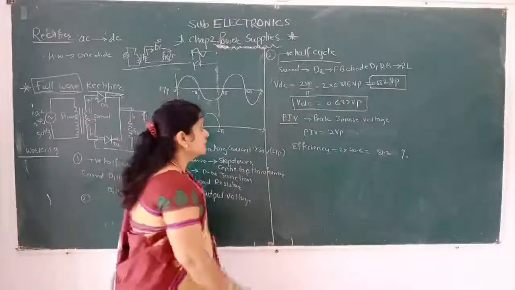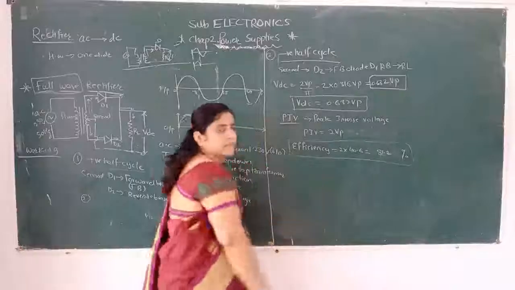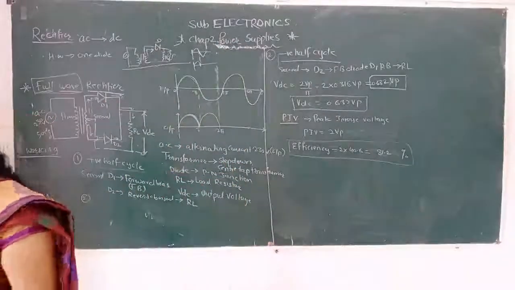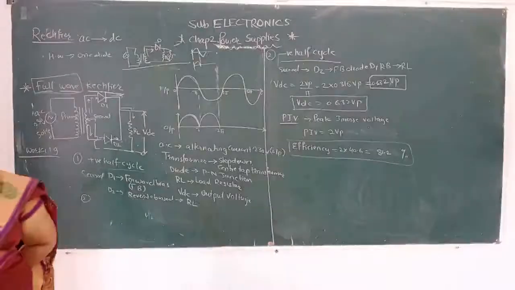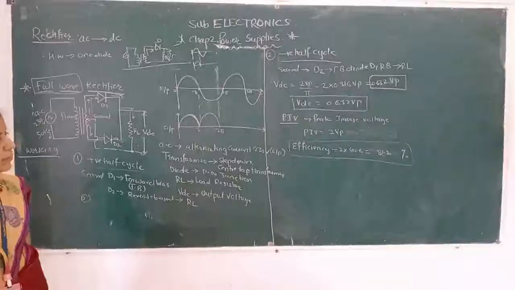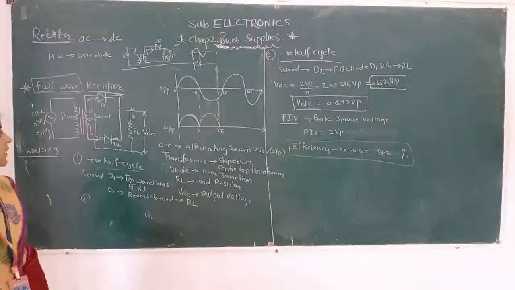So this was the efficiency for the full wave rectifier, and 40.6% was the efficiency for the half wave rectifier, isn't it? 81.2% is the efficiency for the full wave rectifier.